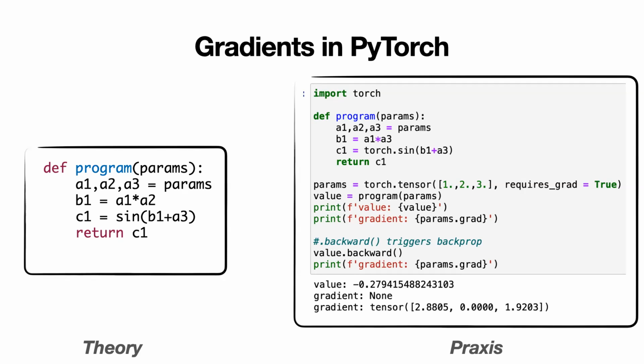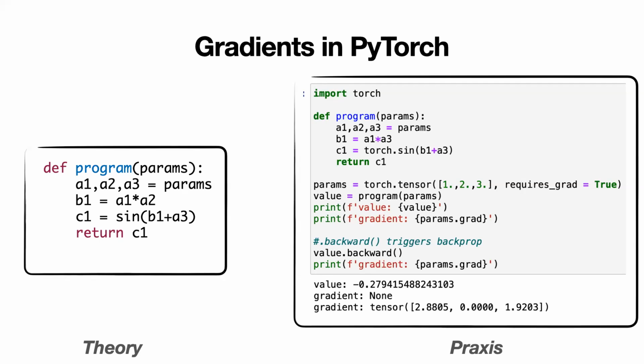So it's a very straightforward translation. And so how do we get gradients in PyTorch? One of the things we need to say first is that torch makes a difference between vectors that you want to track gradients for and tensors that you don't want to track gradients for.